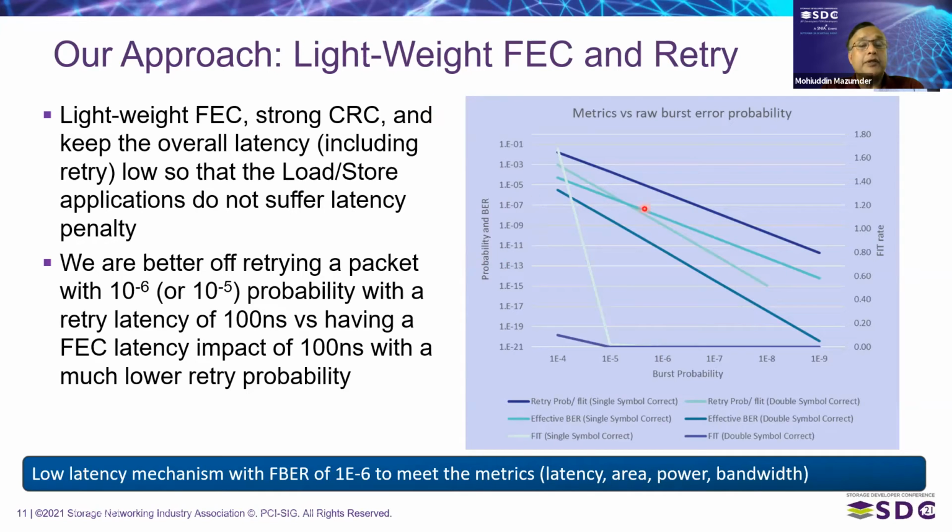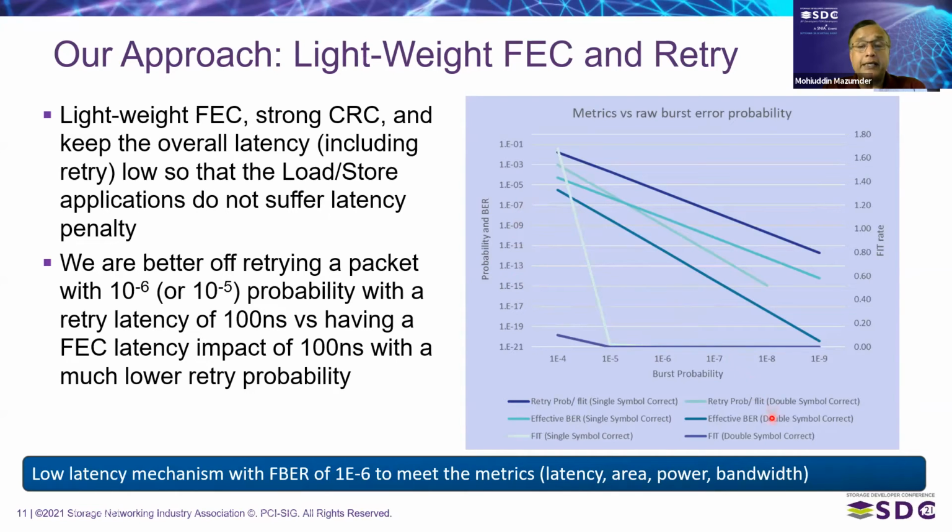The graphs on the right side have a lot of data here, but the main thing I want to point out is this graph, which on the left side of the y-axis is giving probability and BER, and on the right side it's giving FIT rate. So our goal is again to go to a FIT rate close to 0 or much less than 1, and the others we are flexible.